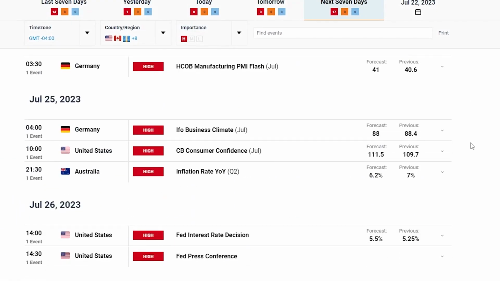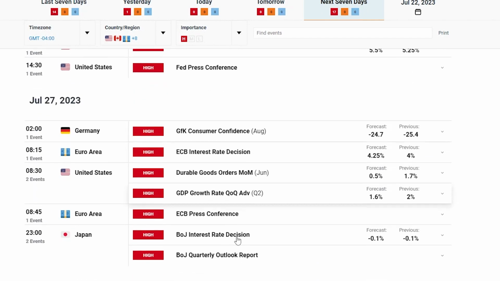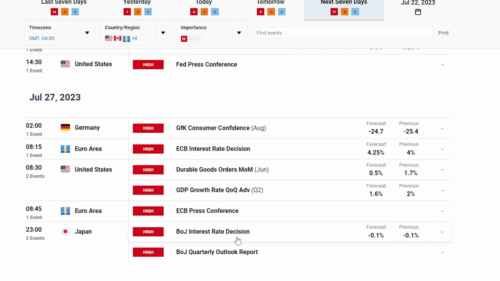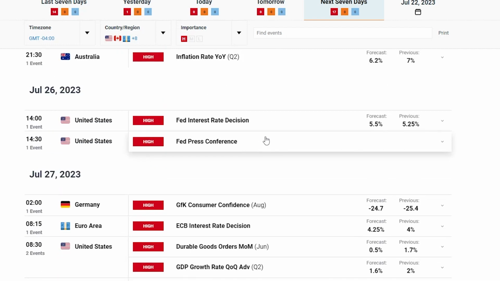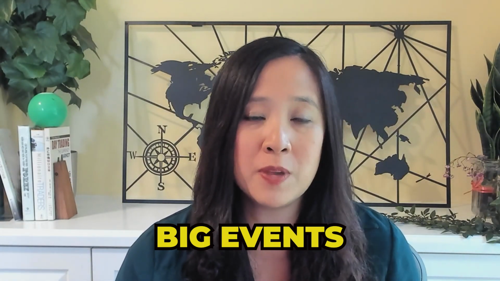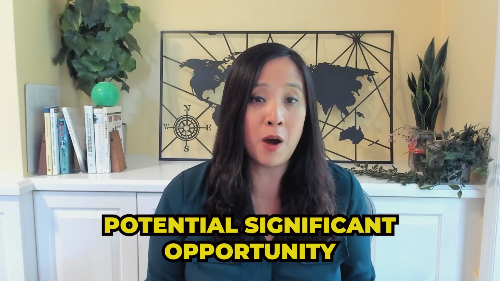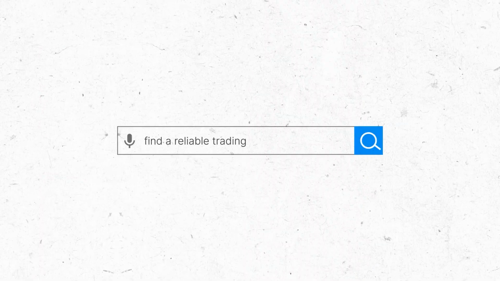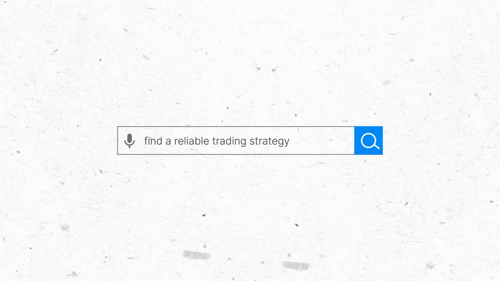If you're day trading, you need to know what is on the calendar that could potentially hurt or help your trade. For example, don't pick tops or bottoms right before a jobs report or a central bank rate decision. But do ride the moves that happen after these big events, because you could potentially jump onto a significant continuation opportunity. Now let's get back to finding a reliable trading strategy.